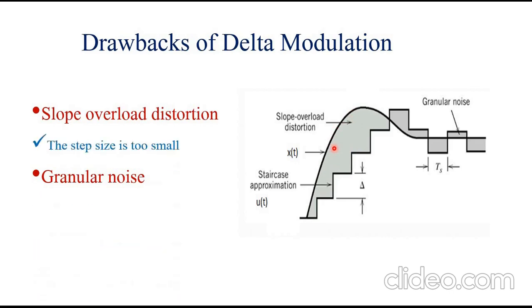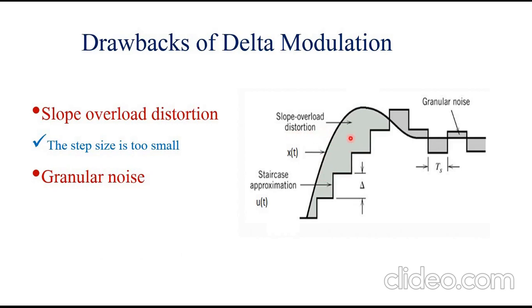The step size delta becomes too small for the staircase signal u(t) to follow the step segment of x(t), and there is a large error between the staircase approximated signal and the original input signal x(t). So this error or noise is known as slope overload distortion.